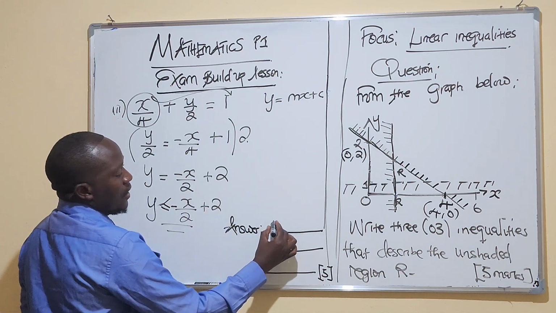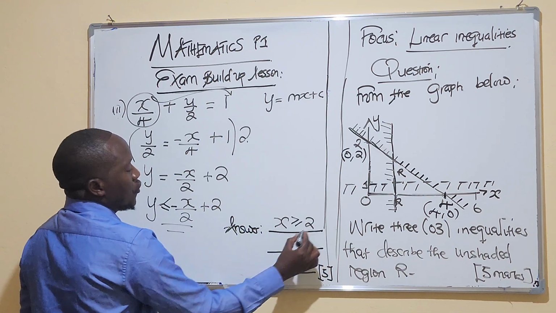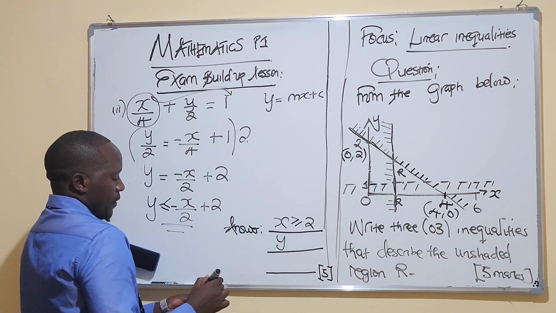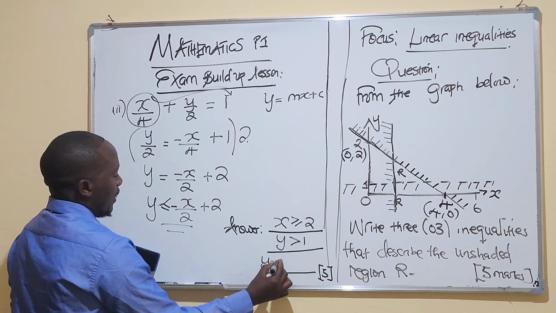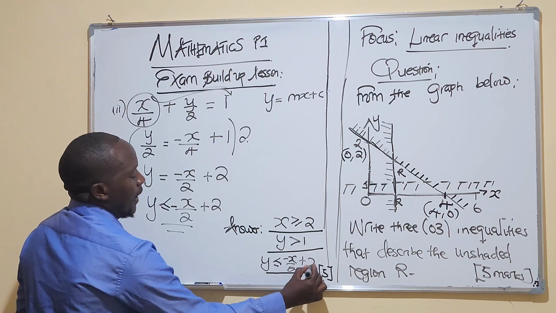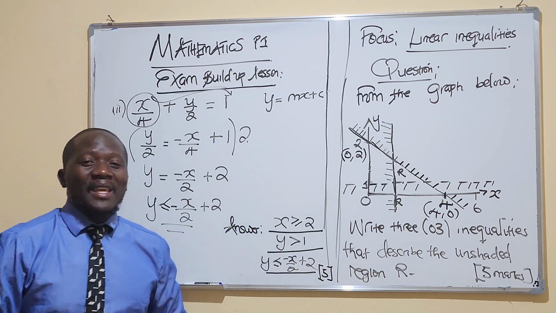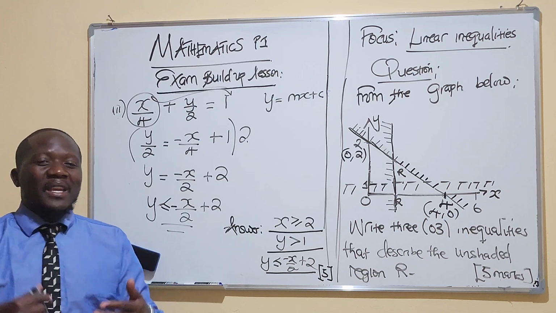So the first one here, we say x greater than or equal to 2, then y greater than 1, then y less than or equal to negative x over 2 plus 2.